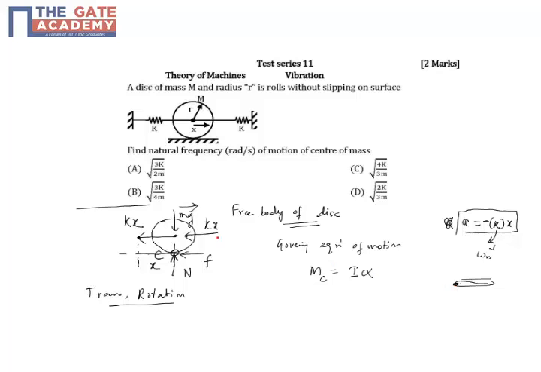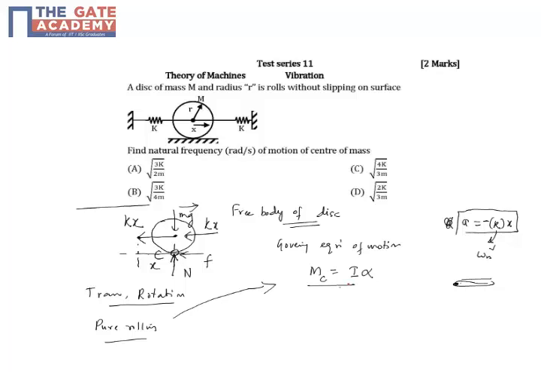Now for a disk which is undergoing plane motion, translation and rotation, if it is pure rolling, remember this is very important, you can apply this equation about the instantaneous center, which is nothing but the point of contact with the ground, only for the pure rolling case. If it is not pure rolling, you cannot apply this equation.